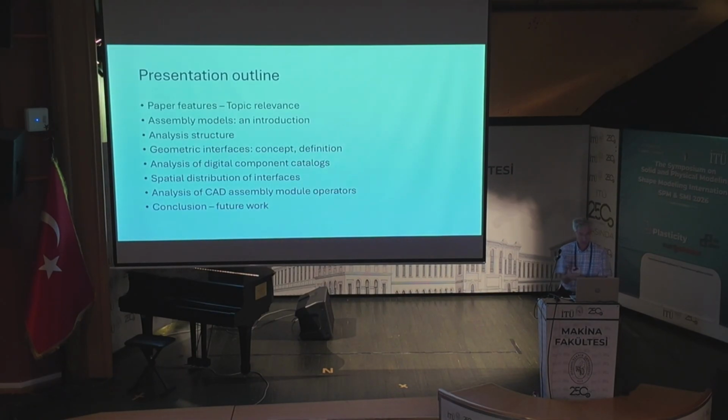Here is my presentation outline. I'm going to start by recalling some features of the paper and then talk about the context of assembly models. Then we will see the structure of the analysis we've conducted and talk about the geometric interfaces that we propose in this paper.